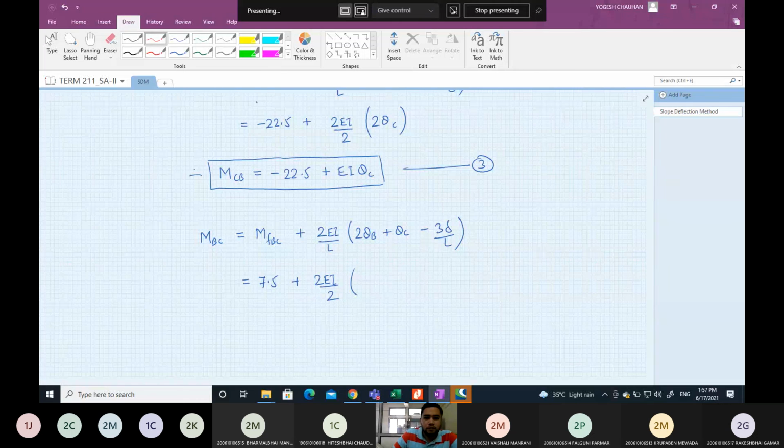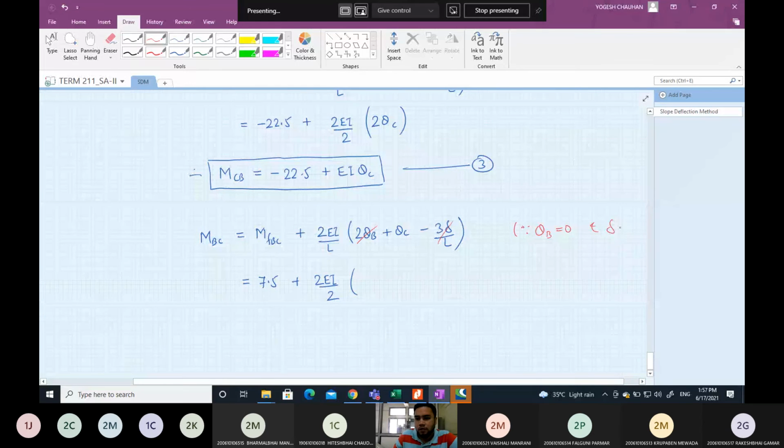Again here this will be 0, theta B is 0 and delta is 0.